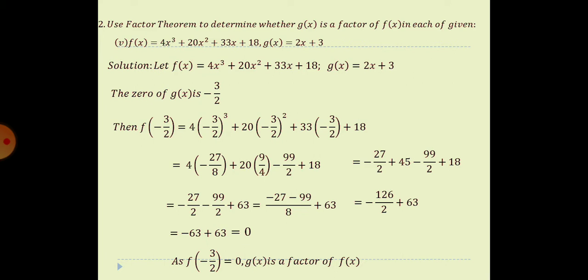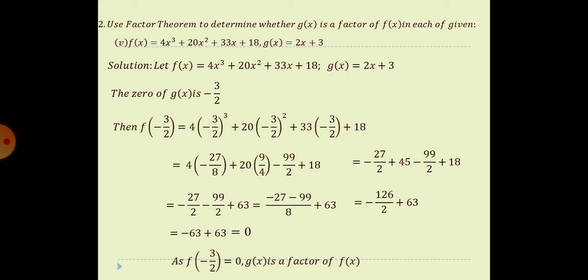So again we got the remainder 0. So the factor theorem says that when the remainder is 0, the divisor is a factor of the dividend. Or 2x plus 3 is a factor of 4x cube plus 20x square plus 33x plus 18. Or we can say g(x) is a factor of f(x).